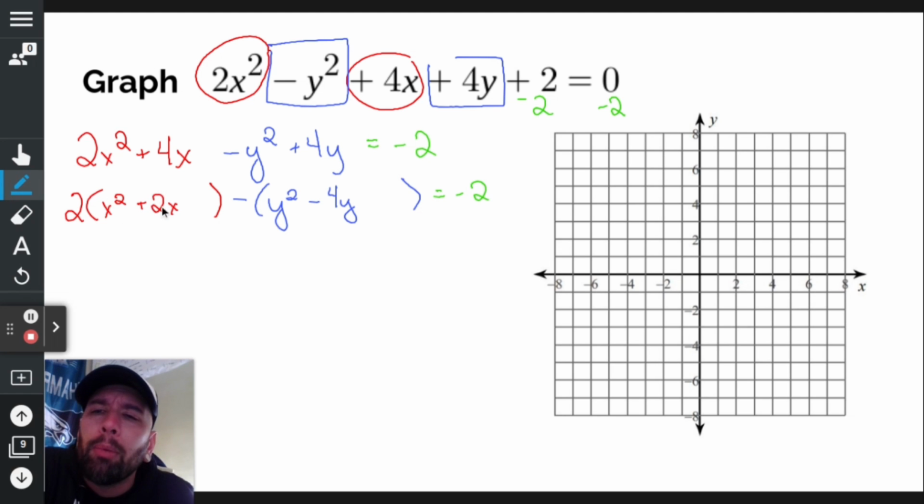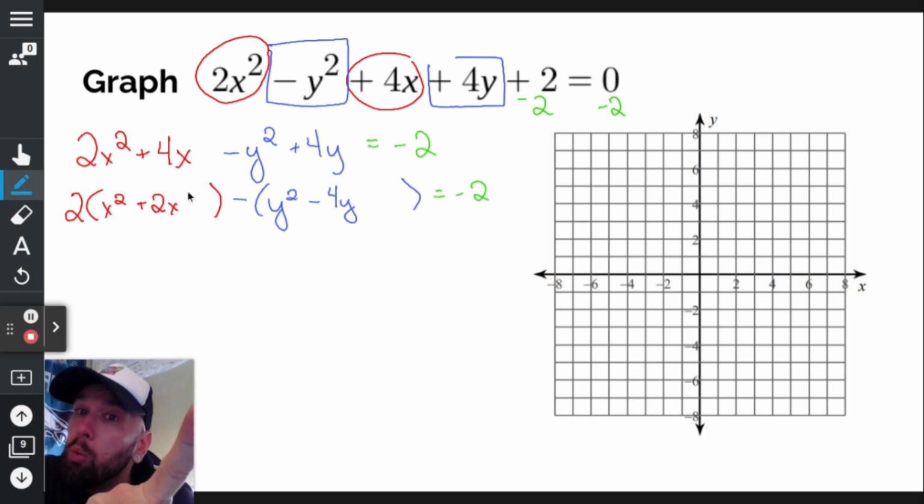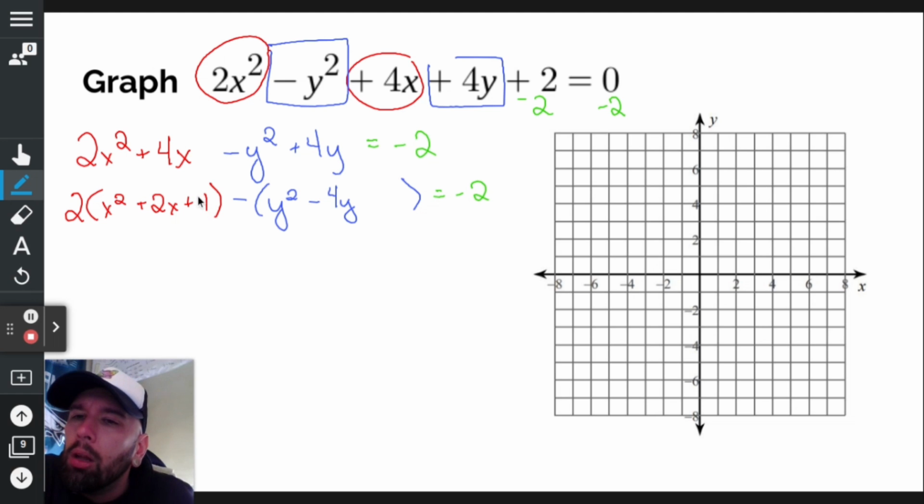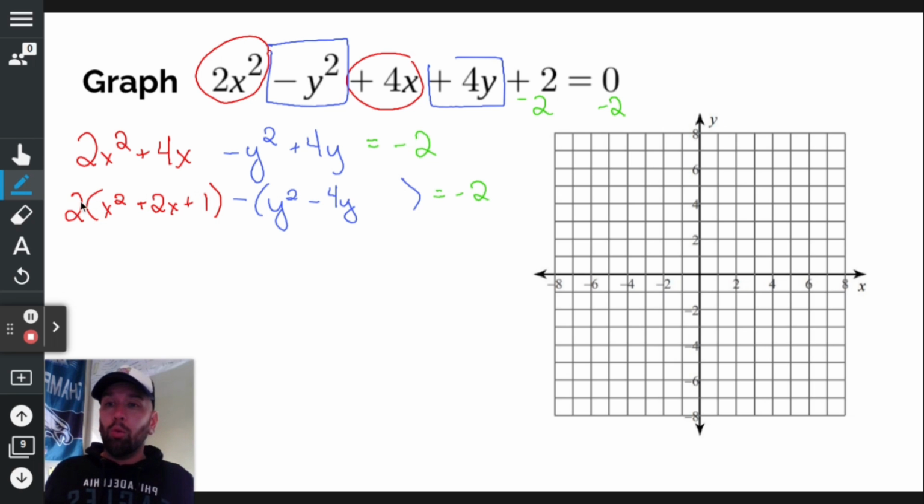Take half of the number in front of x, so half of 2 is 1, square that, which is 1, and add that inside the parentheses. Now, be careful. I just added 1 inside of this parentheses, which also means 1 times 2. I added 2 to the whole left side.